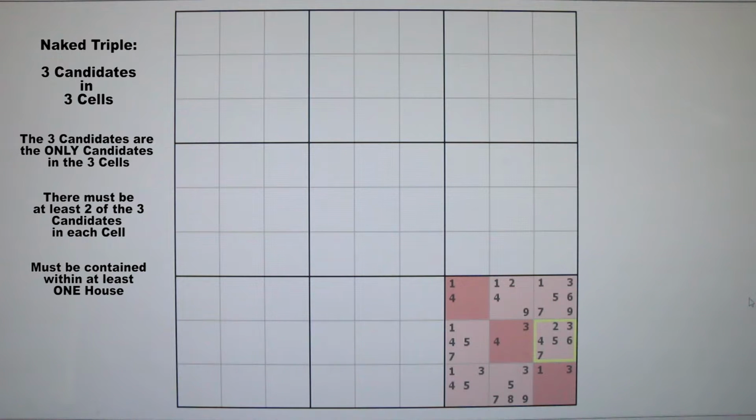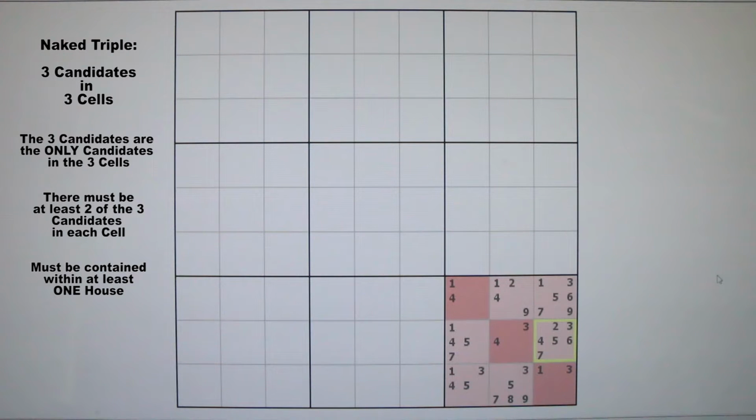And we see that we have a triplet of 1, 4, and 3 in block 9. And this is the configuration that I showed you earlier, A, B, A, C, and B, C, which is the only way it can be when there are 2 candidates in each of the 3 cells. So this is perfect. So we know those 3 darker colored cells are going to be solved with a 1, a 4, and a 3, although we don't know which is which right now.